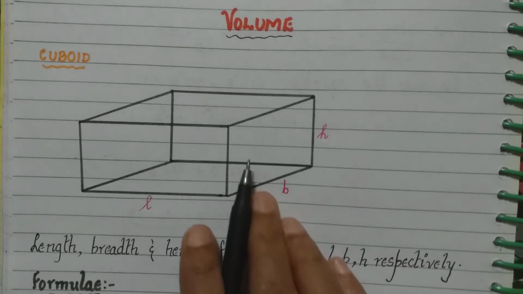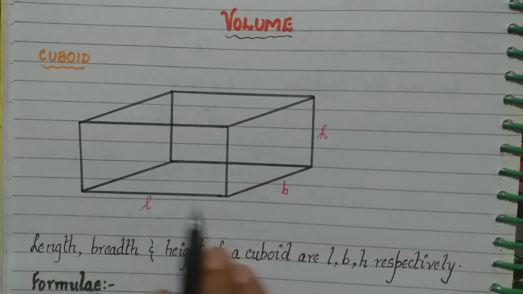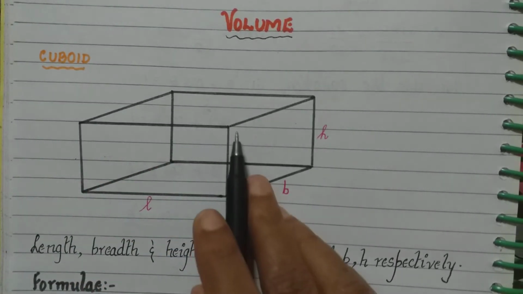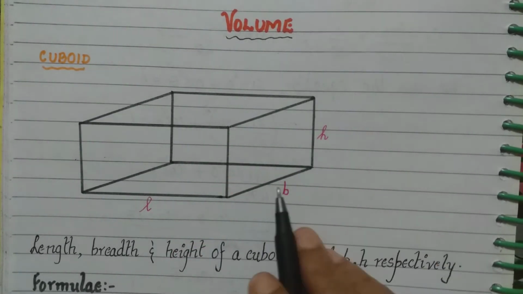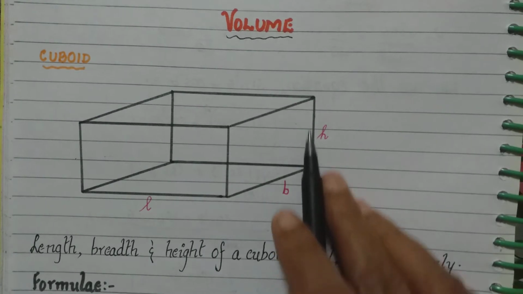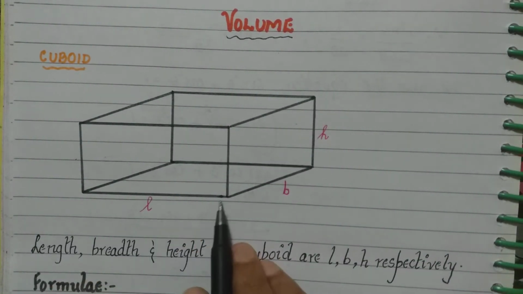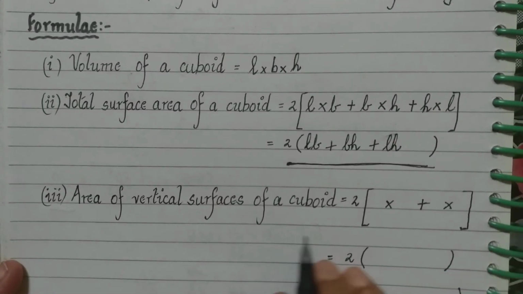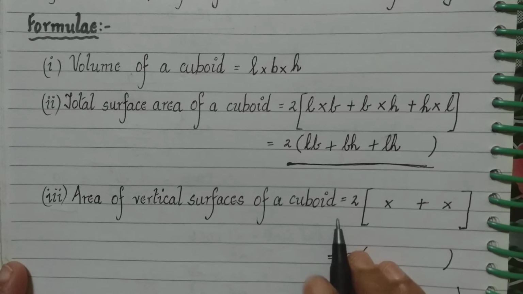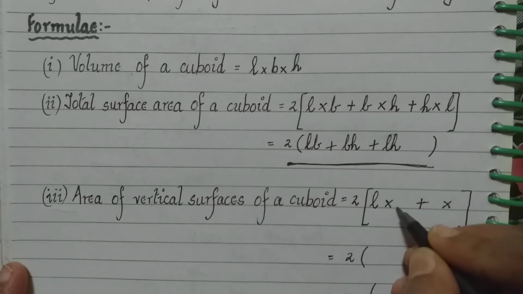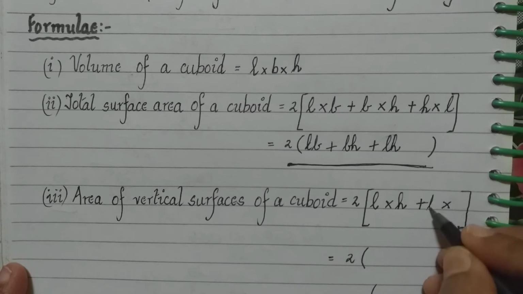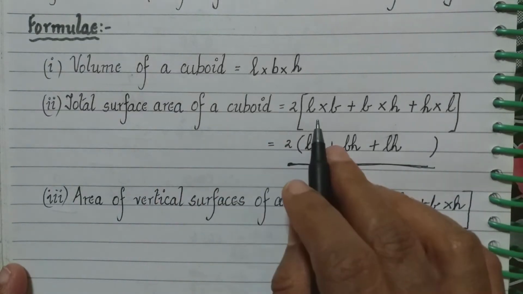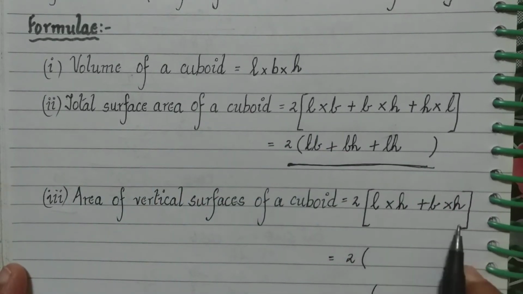The area of this surface just now we said is L into H. And when we talk about this surface here, the base is B and the side is H. So B into H. So L into H and B into H. So area of the vertical surfaces of a cuboid is 2 times L into H plus B into H. Now you notice here in the total surface area of a cuboid we had 3 terms. Here we have only 2 terms.